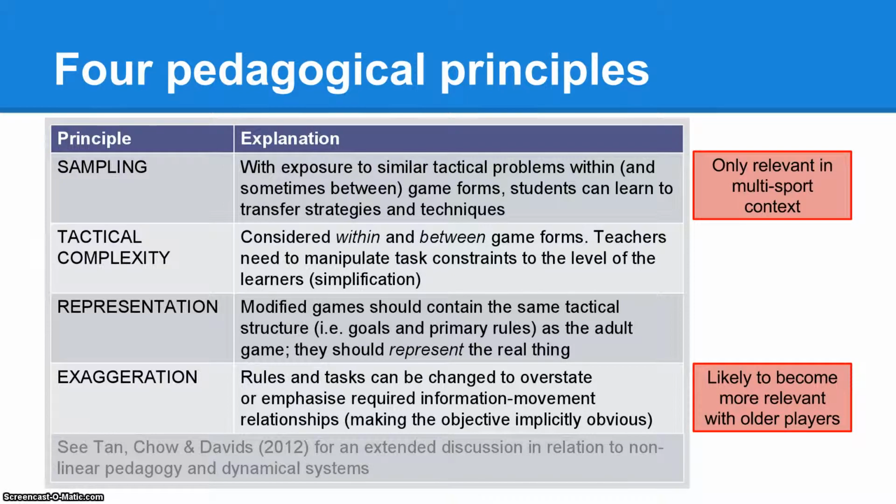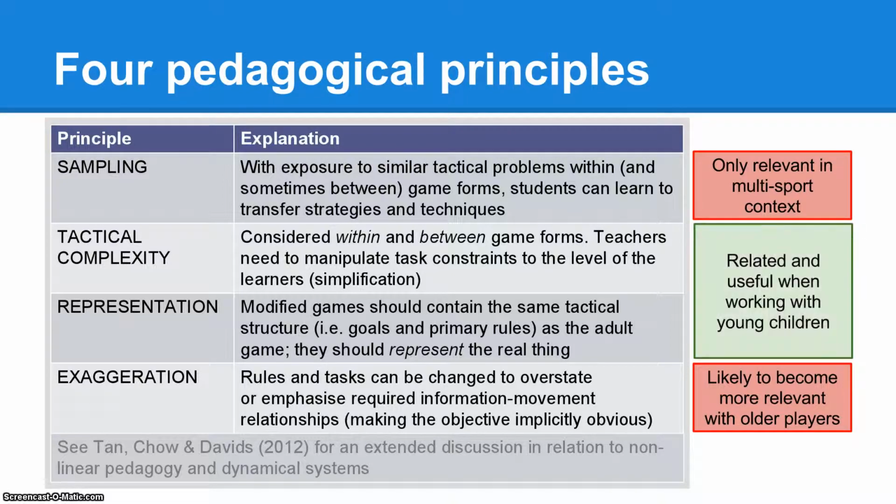I thought I would just concentrate on the middle two, tactical complexity and representation, because they're obviously connected. So I suggested that these were related concepts and that they were really useful when doing game-based sessions with young children.